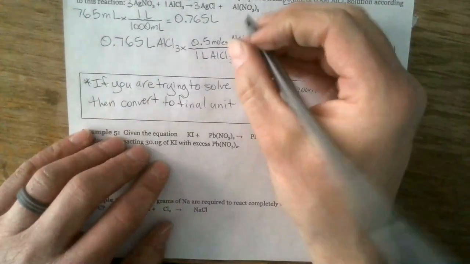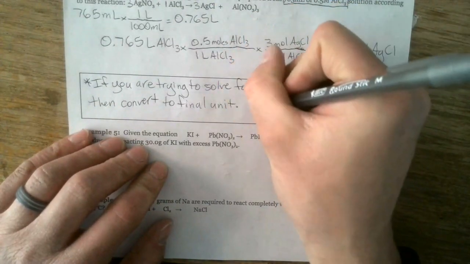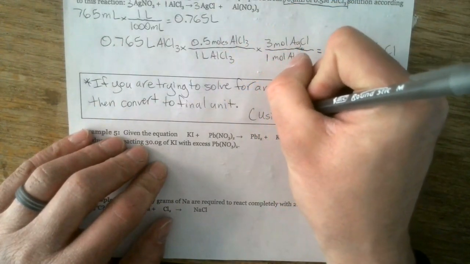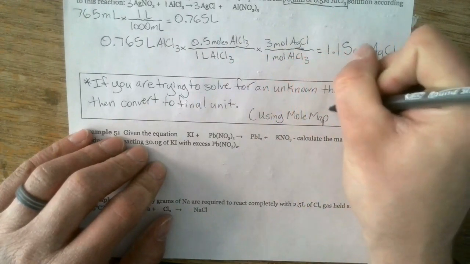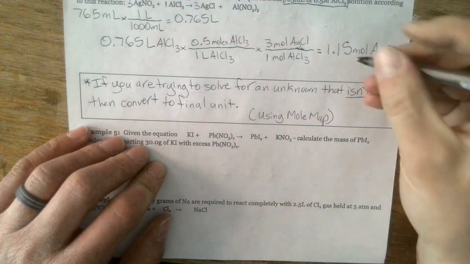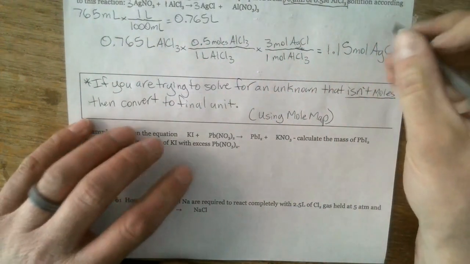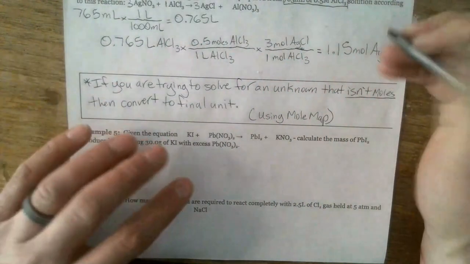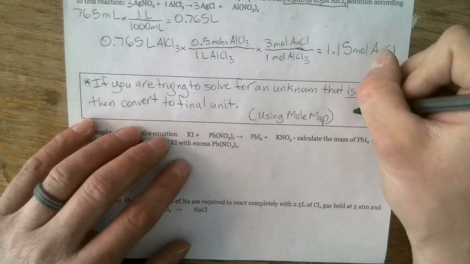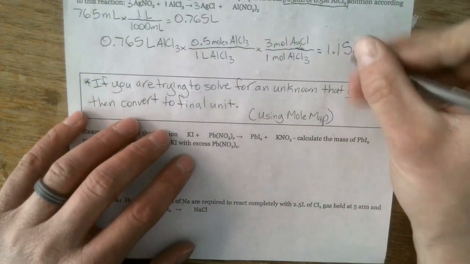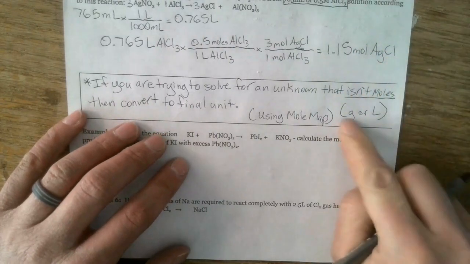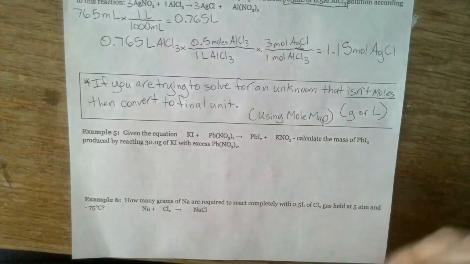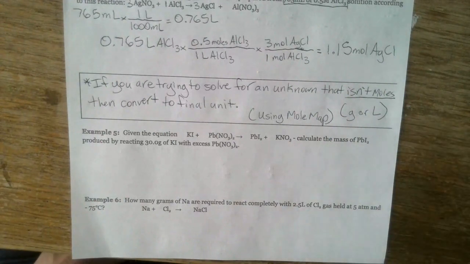And again, we're just going to be using the mole map. Which, spoiler alert, you're going to have two options. So if you're trying to solve for a volume of something, or if you're trying to solve for a mass, that's when we're going to do this step here.